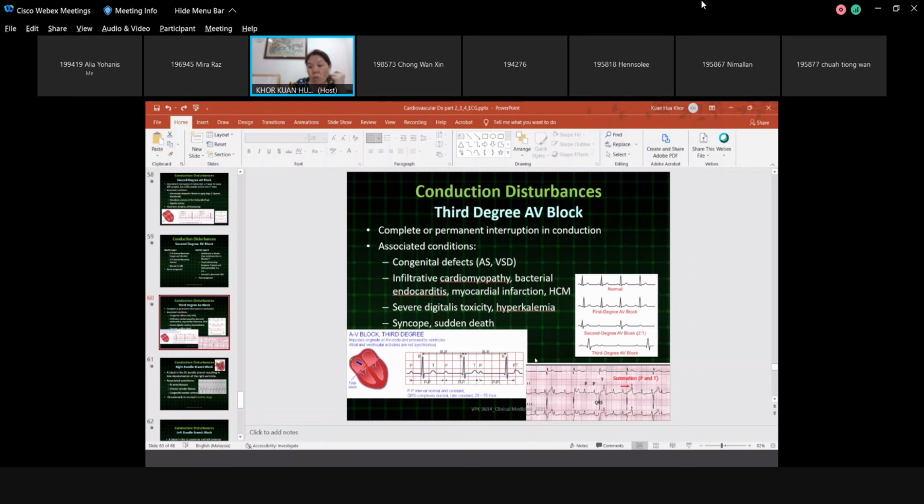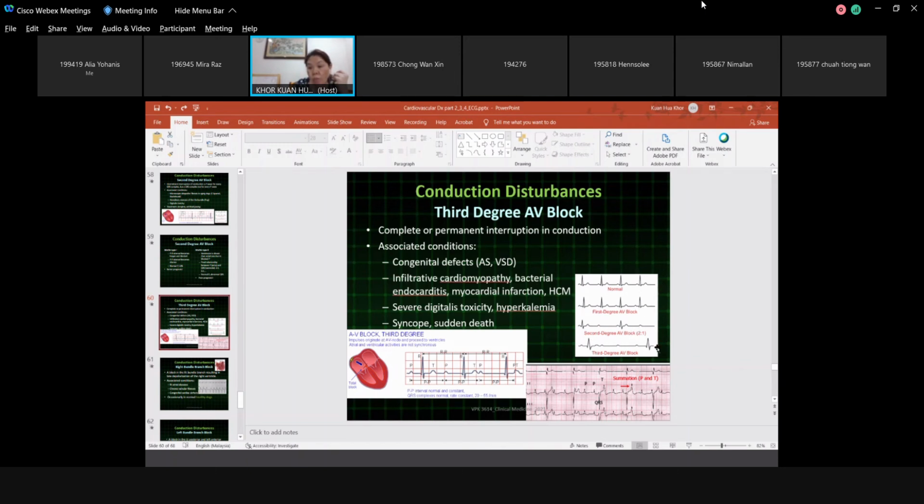So in the ECG, you will definitely get only one P wave, and it's not followed by the R wave. For this kind of case, it's still going to be bradycardia, but you have an atrial beat, and your ventricular beat is going to be even slower. When you know that these two are not consistent, by right you should have one atrial beat, one ventricular beat. If it is 120, it should be 120 P waves, 120 R waves.